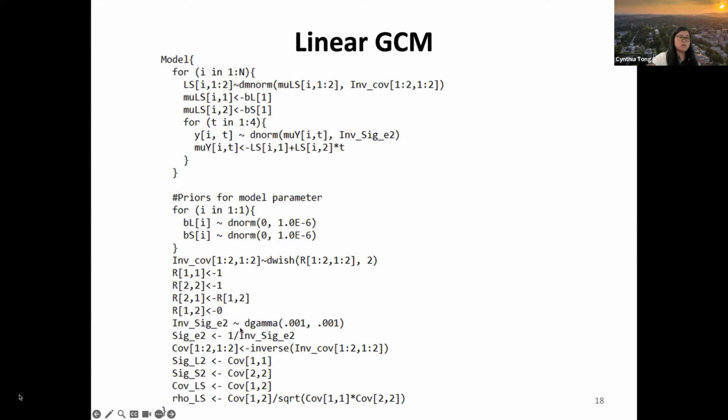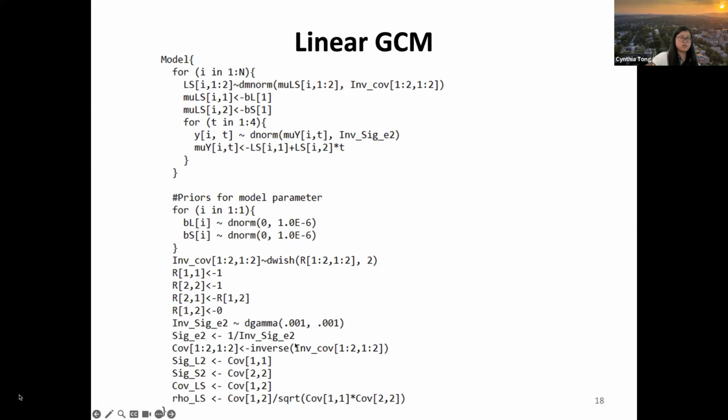But what we really care about are the parameters of the variances instead of precision. So after we specify the priors, we transform all the parameters. Instead of having the precision parameter, we take the inverse of it and transform back to the variance parameter.